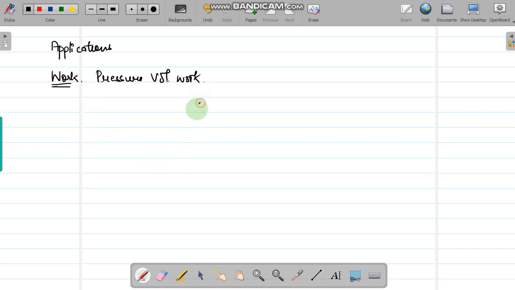For example, this is a cylinder. Over here, we have kept a piston.